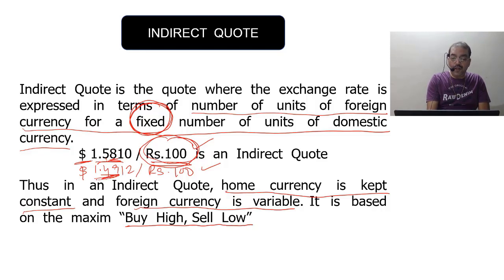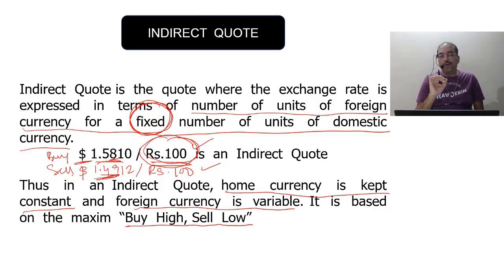When this is low, you will sell. So whenever the left hand side value is higher, this is an indirect quote: left hand side quote is higher, then buy; left hand side quote is lower, then sell. Very, very important.